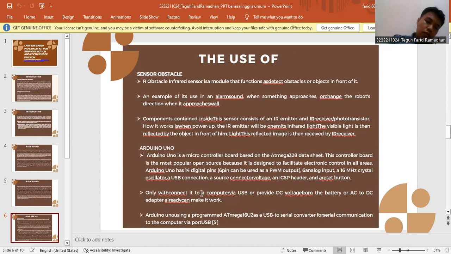Only by connecting it to a computer via USB, or providing DC voltage from a battery or AC to DC adapter, it can already work. Arduino uses the ATmega16U2, a USB to serial converter for serial communication to the computer via the USB port.